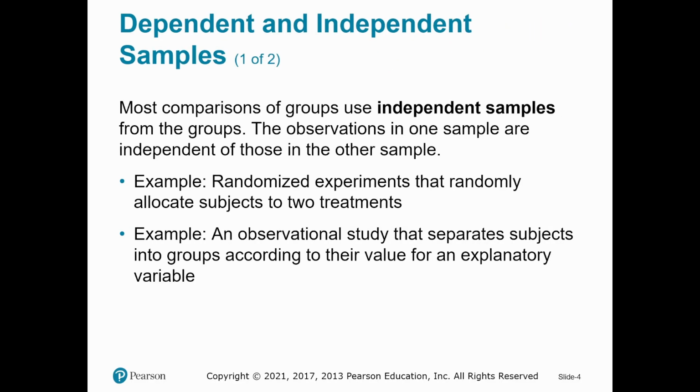Now, you've dealt with independent and dependent variables in experimental studies, but the terms are also used in samples. You've encountered dependent samples already when you did the paired t-test in your Stats 1 class.